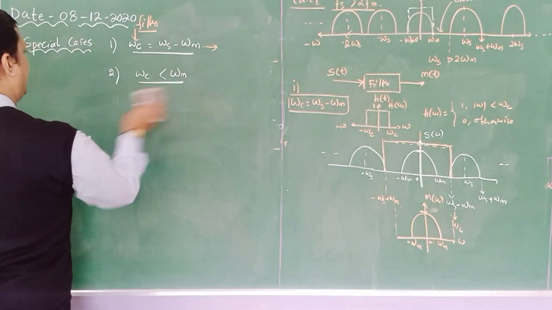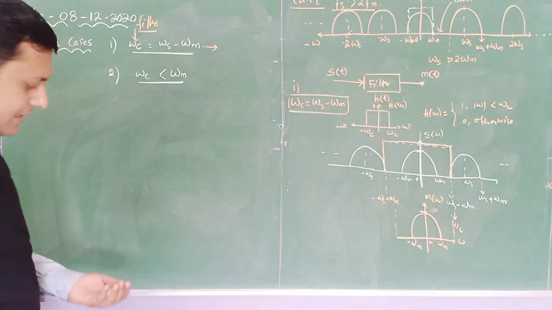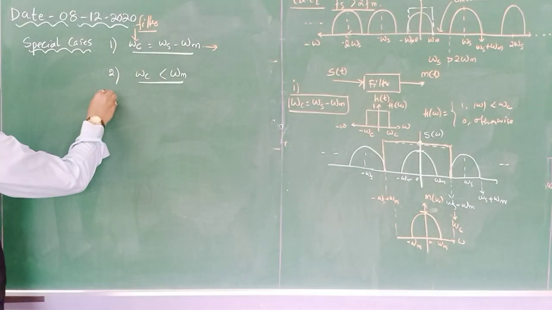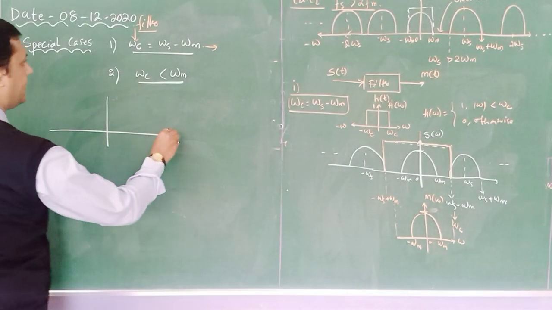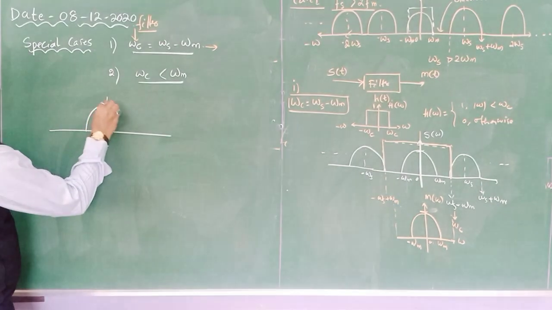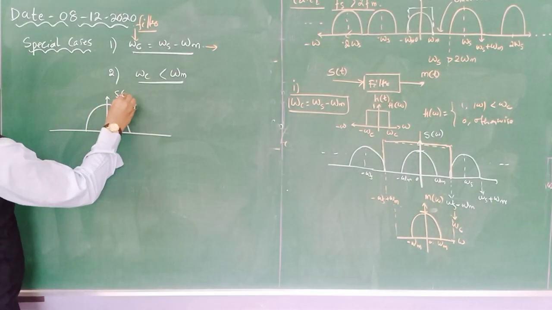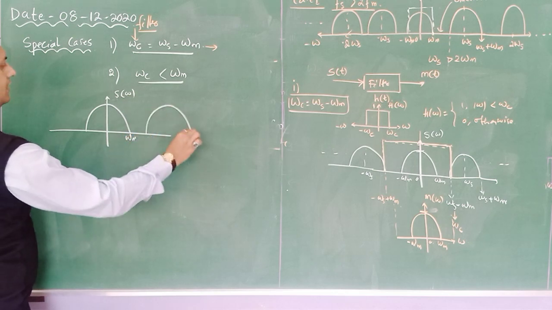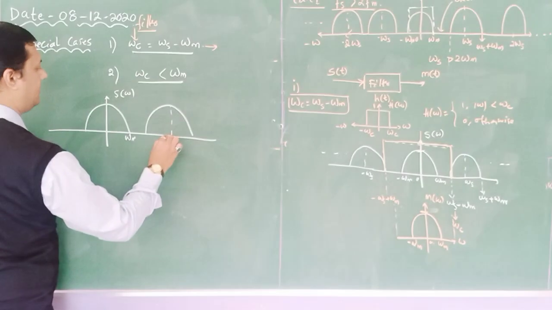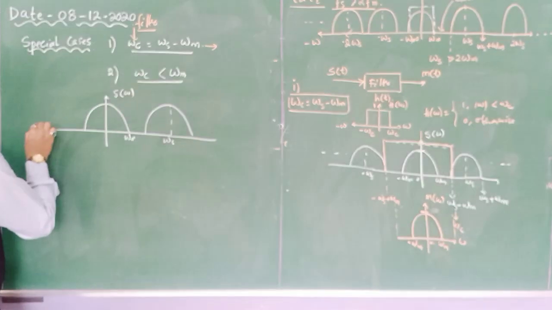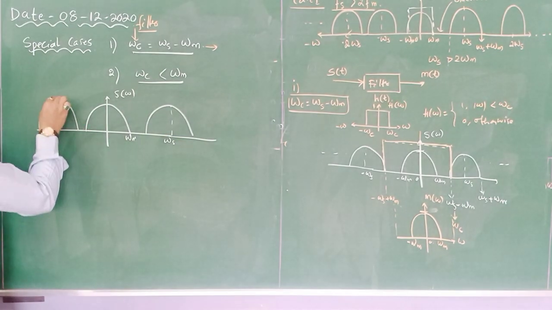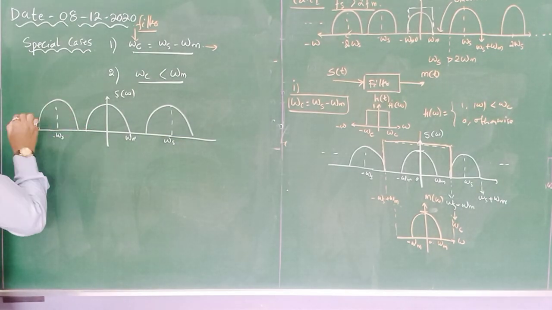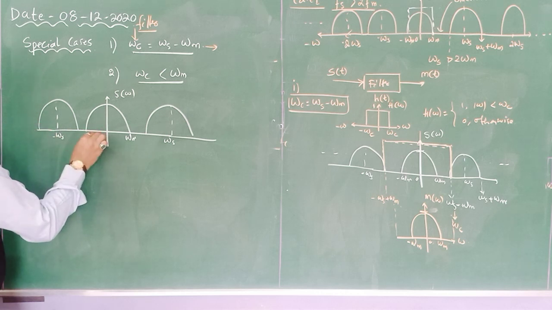Now the second case is, again consider some sample. So this is the sample signal s of omega, this is omega m. This is one more sample centered at omega s. This is one more sample and minus omega s. This is minus omega m.